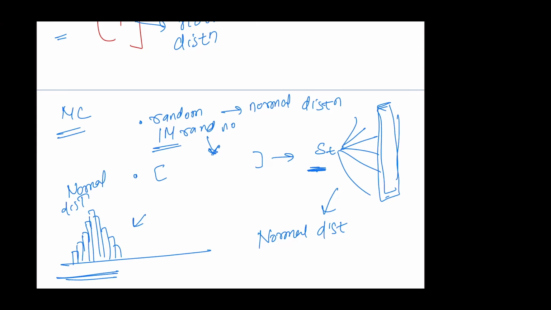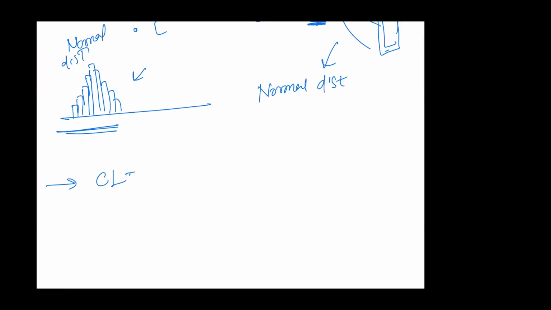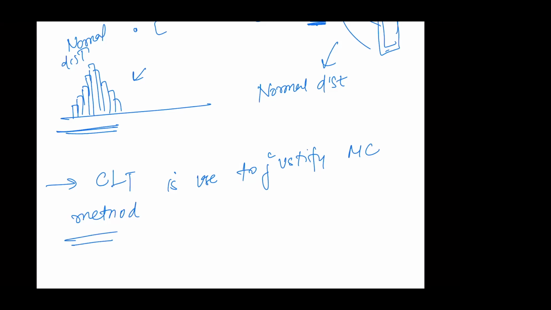So that's why, if you're simulating random numbers which are IID, independent and identically distributed, then the average of that will follow a normal distribution. That's why the central limit theorem is used to justify the Monte Carlo method.